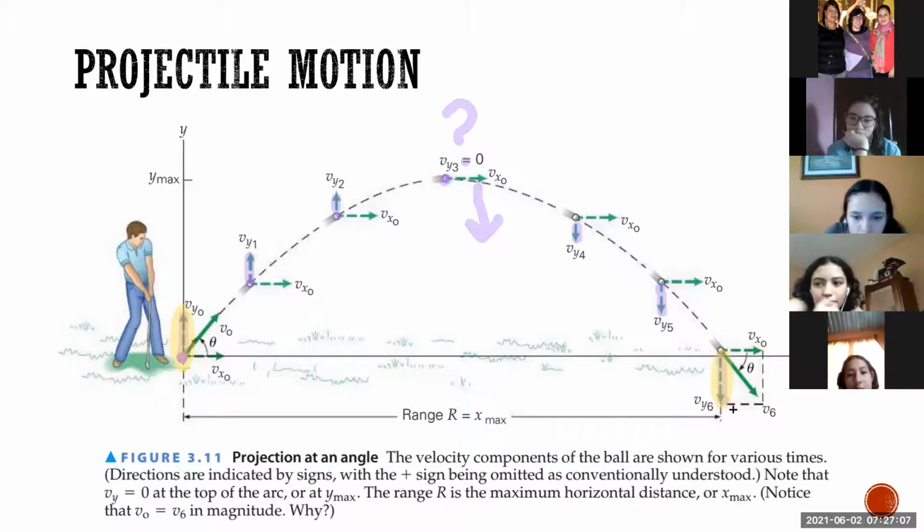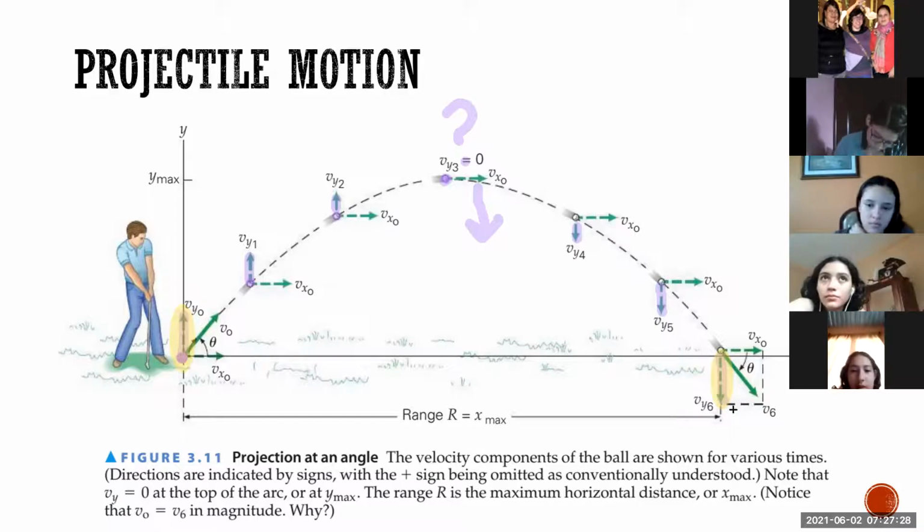They have the same size, but they have different directions. That means that when the ball finally goes down to the initial vertical position, it goes with the same velocity that it had initially. So, when someone celebrates with a gun, the bullet, when it goes down, it goes exactly at the same velocity it was shot. And that's why people get killed.